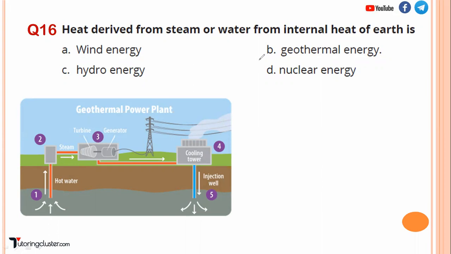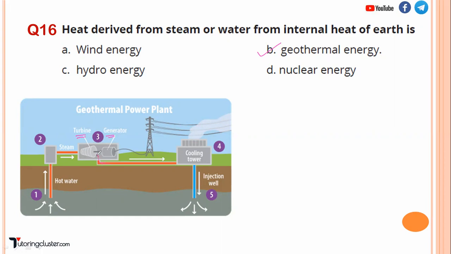I have already explained what a geothermal power plant is in the previous videos. This is a schematic of a geothermal power plant. You have heat energy, or hot water, the heat content of this hot water is used to heat the water and produce steam. This steam falls on a steam turbine connected to a generator, and the generator produces electrical energy.